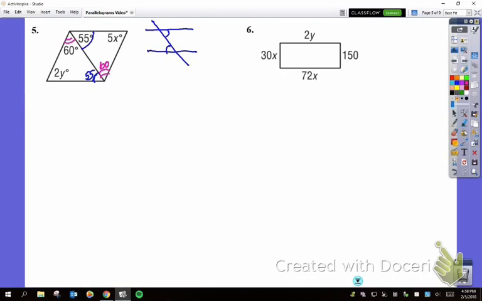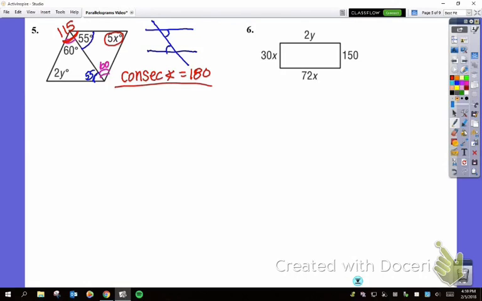I think one of the best ways to do these problems is to look at our consecutive angles. So with x, our x is right here, and our 5x would be consecutive with this whole angle over here. So if we add 60 plus 55, we get that whole angle to be 115. So we're going to say consecutive angles equal 180.